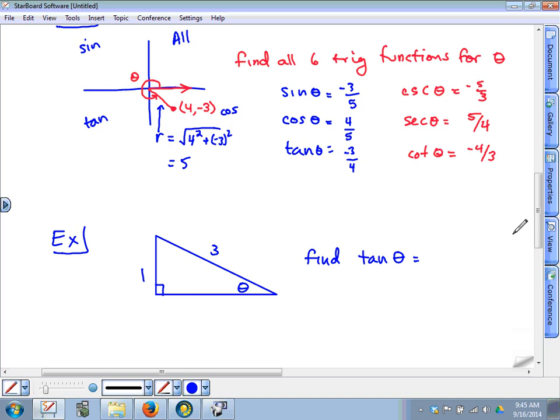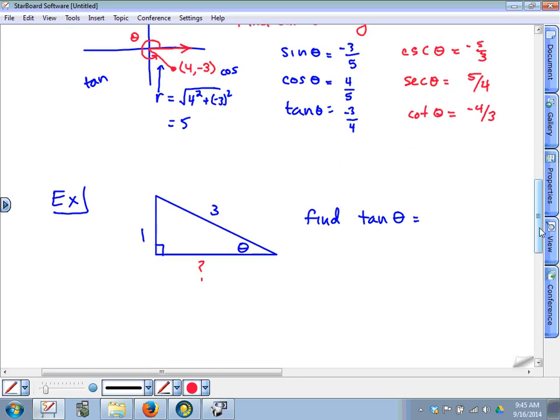We could use the Pythagorean theorem. Find the adjacent length using the Pythagorean theorem. It should take you like 5 seconds. Come on, go. It's probably not going to come out to be a nice number.